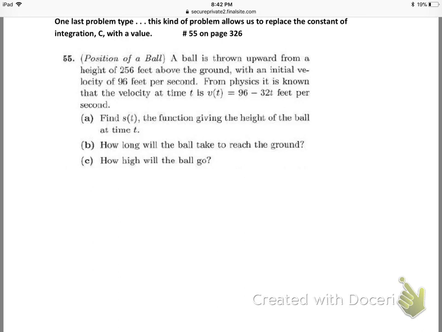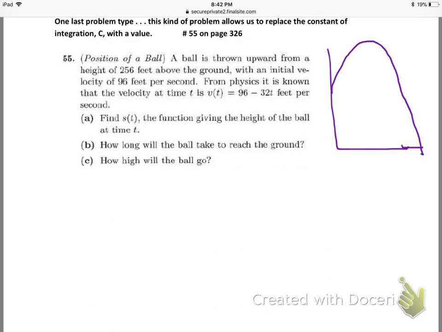So let's read this problem together. It's on position, okay, so it says a ball is thrown upward from a height of 256 feet above the ground with an initial velocity of 96 feet per second. All right, so I'm going to sketch the position function. It's thrown up in the air, and then it's going to hit the ground.